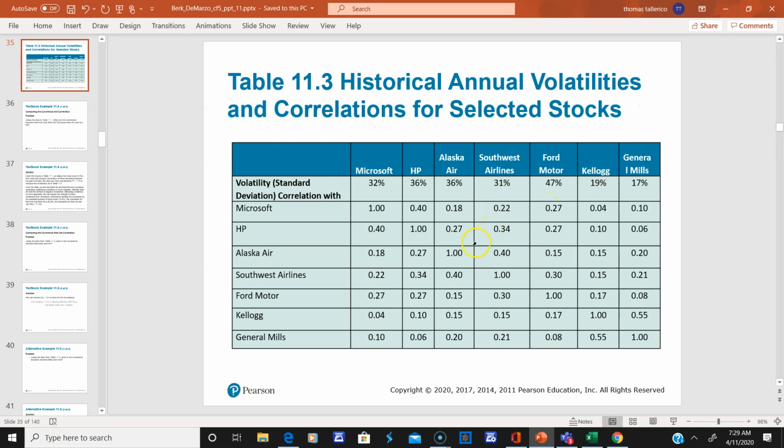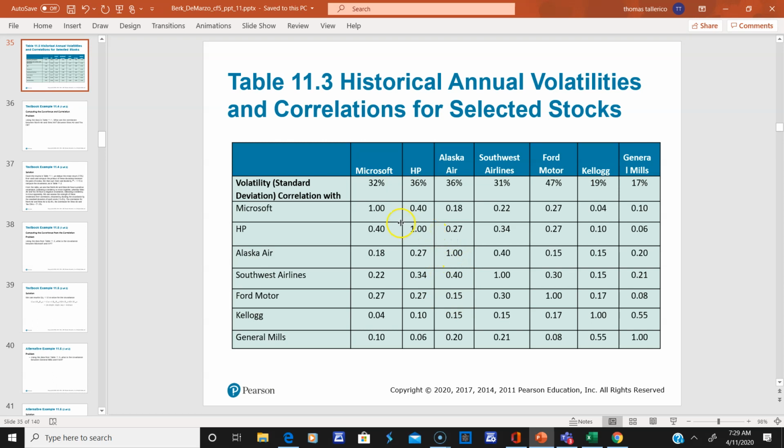And so you could see that, and the interesting thing is I don't see anything negative in this table. There's no negative correlation. But in any case, this is historical data.